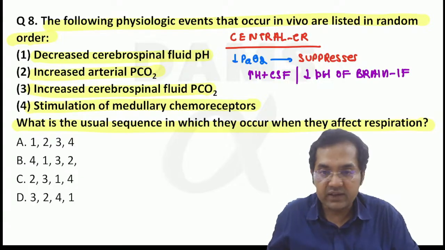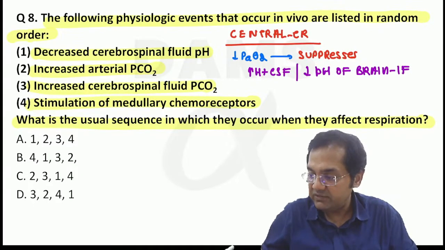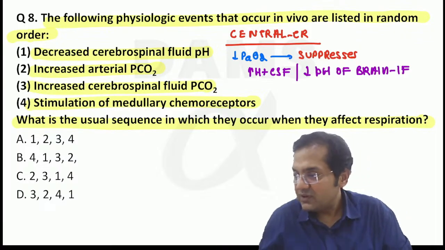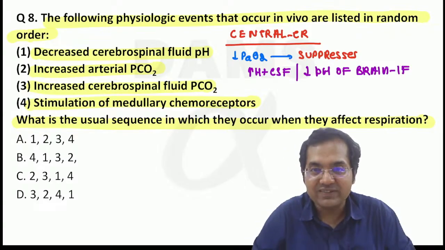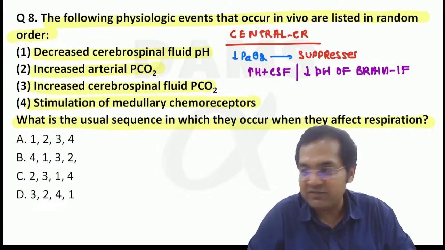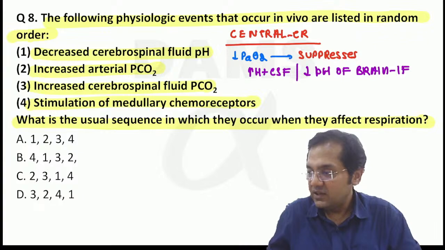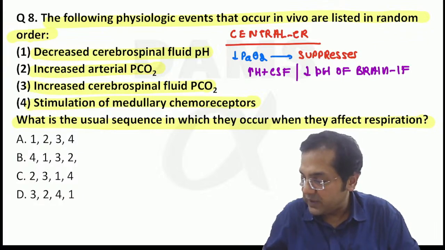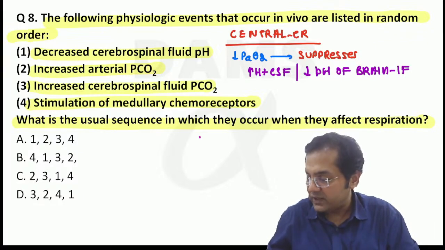Let's look at the right answer. Anshita Jain, that's wonderful. So you got this correct, which means that in the exam all of you will get it correct. So increased cerebrospinal fluid PCO2 will not occur directly. Why? Some people are getting confused.